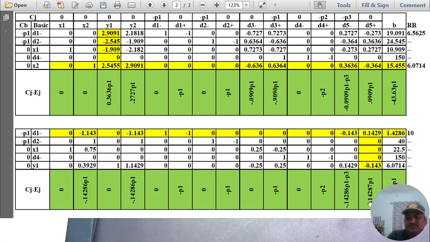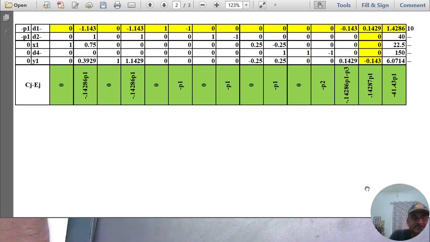Here it is positive. So what is happening? D5 plus is the entering variable, and once again we find the replacement ratio, and we can find it only for the first row corresponding to variable d1 minus, and that comes 10. So d1 minus will get replaced by d5 plus.